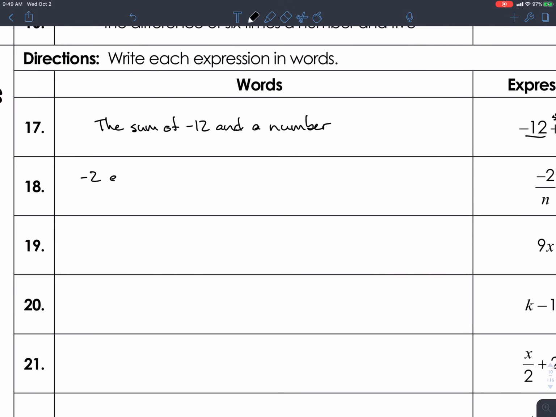Negative 2 divided by n, or we can say the quotient of -2 and a number. And technically that's probably what I should have wrote up here, was -2 divided by a number.